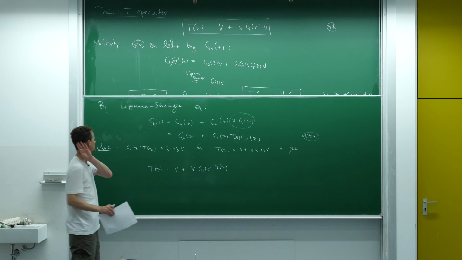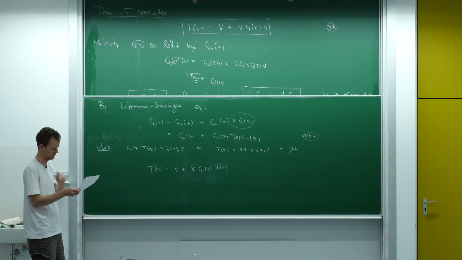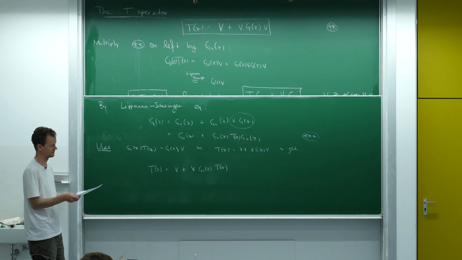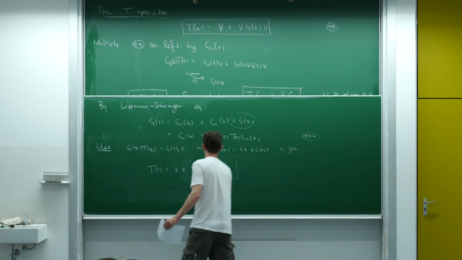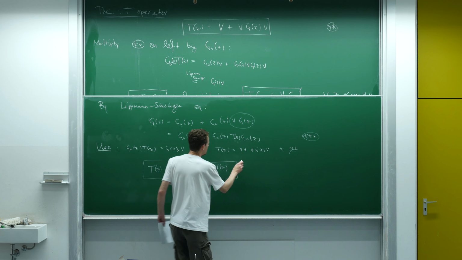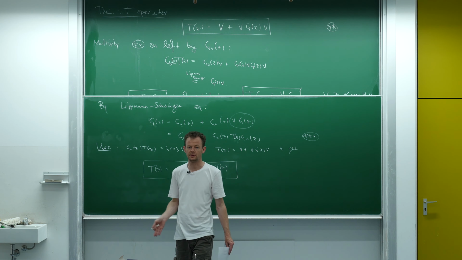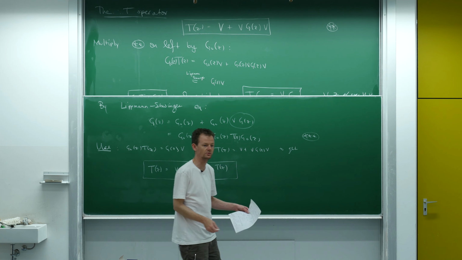And that's how we relate T and G naught. This expression is also known as the Lippmann-Schwinger equation, but now for T. So far we've just exploited this operator identity over and over again and introduced some quantities.